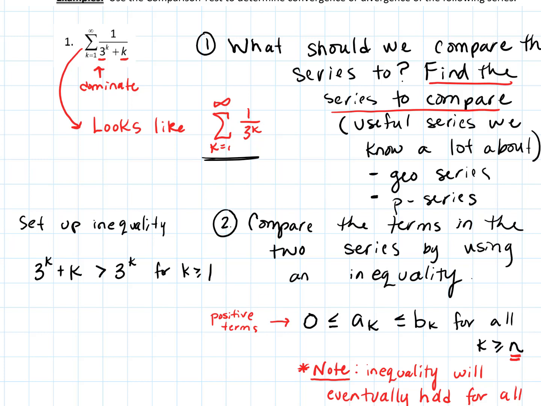I'm going to make a little note here. I smushed my steps in next to my example so that they would all fit on the same line. Okay, so that has to be the case.